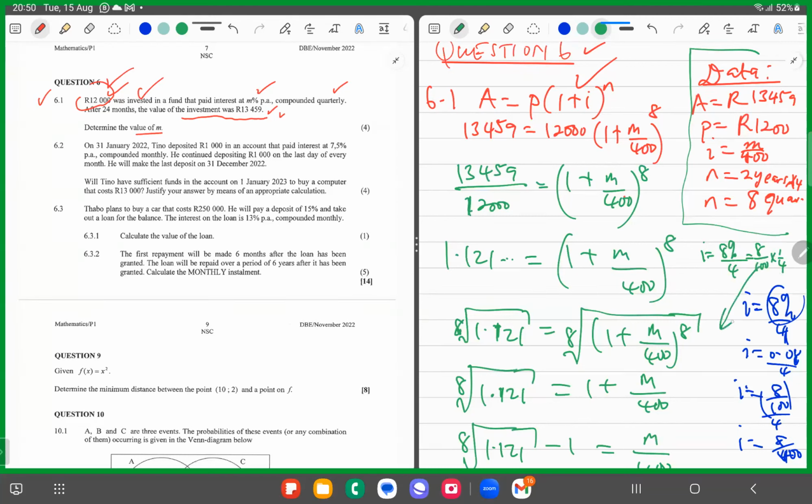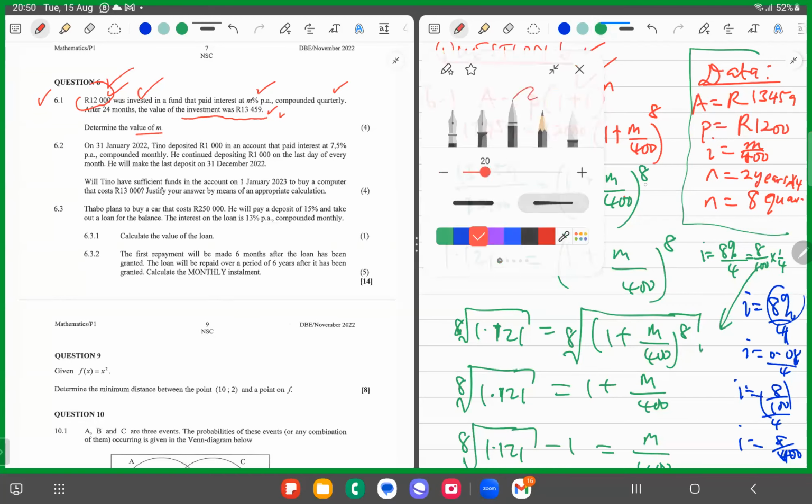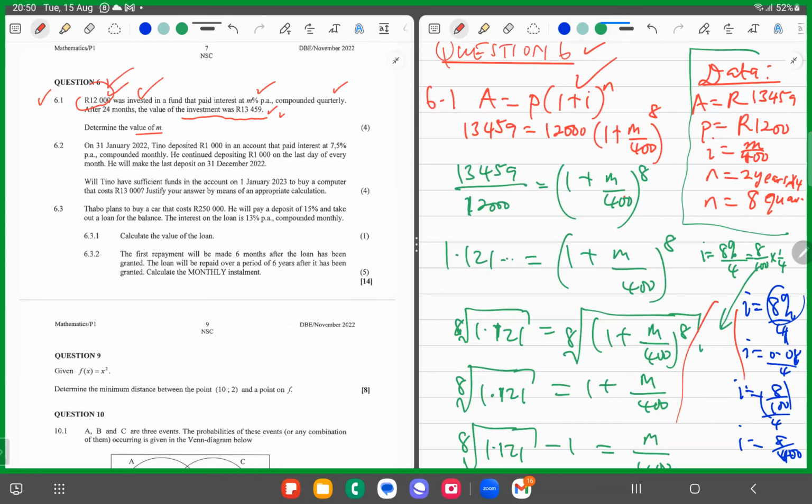Most of the time this becomes 8 divided by 100, and then you write 0.08, and then you divide by just 4. But you must divide by 100 first, and then by 4. So there's 100, and then there's a 4. That's why you have 400.